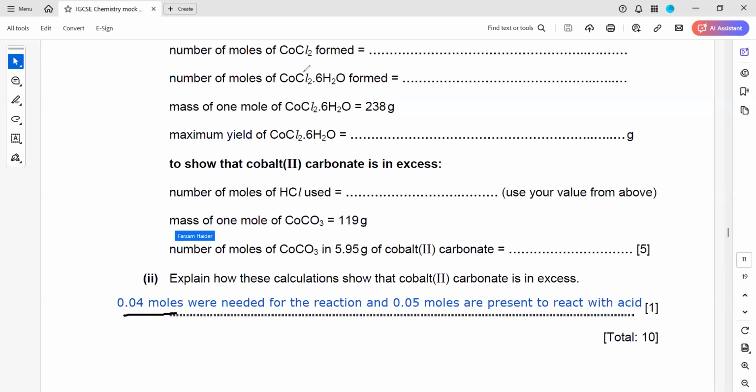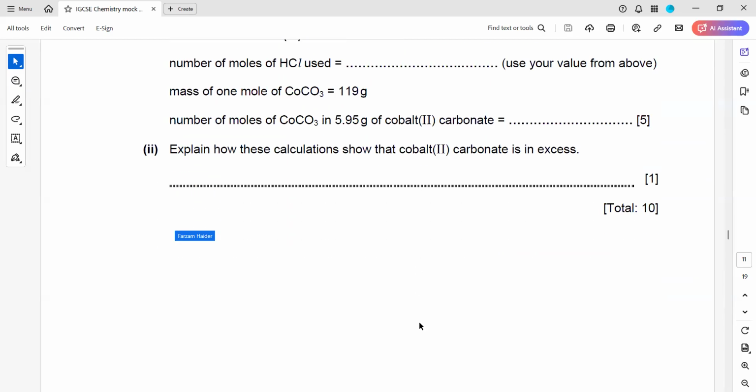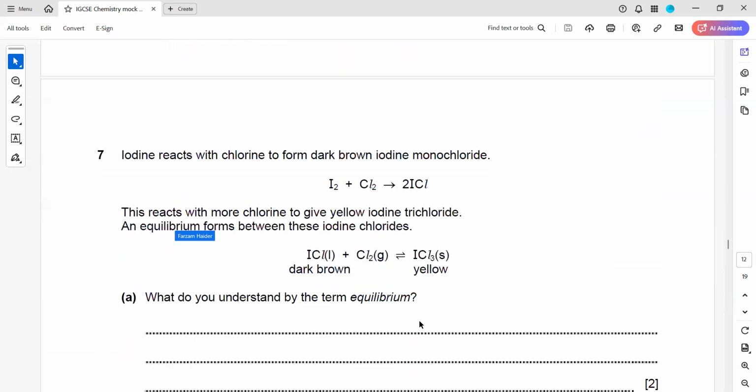You can write either a mole ratio, that for a complete reaction the mole ratio is 1:2, but we have the ratio 1:1.6. You can also say, for a complete reaction, how many moles you need.